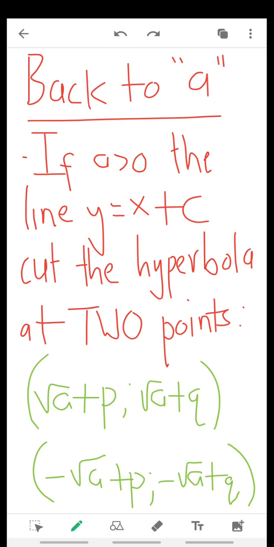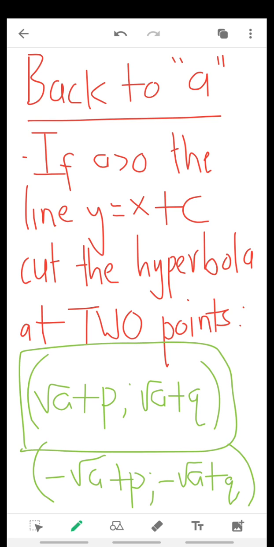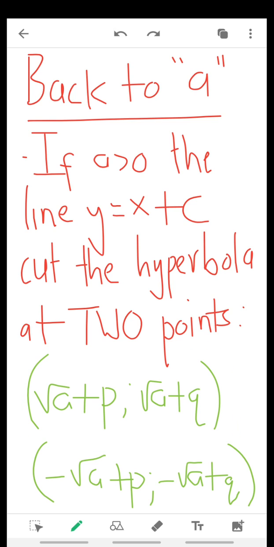Okay, so which points will the axis of symmetry cut the hyperbola at? Those points will be given by this part here, where you take the root of a plus p, the root of a plus q, where p and q are your asymptotes, and where the root of a is coming from the equation.